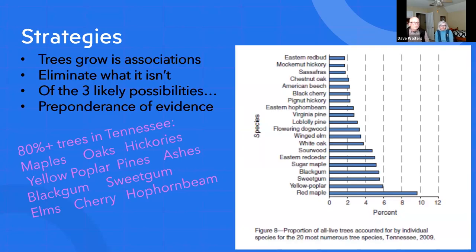Another strategy when you're thinking about identifying trees is to eliminate what it's not, so you know that it's not something. And when you're lost in thinking about it, I like to think about what are the 3 possibilities of this tree, and then start to think about the criteria.